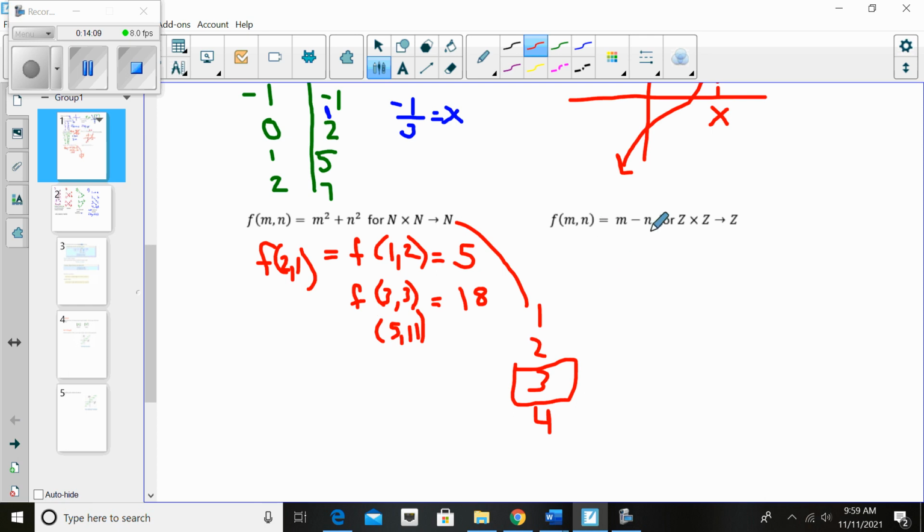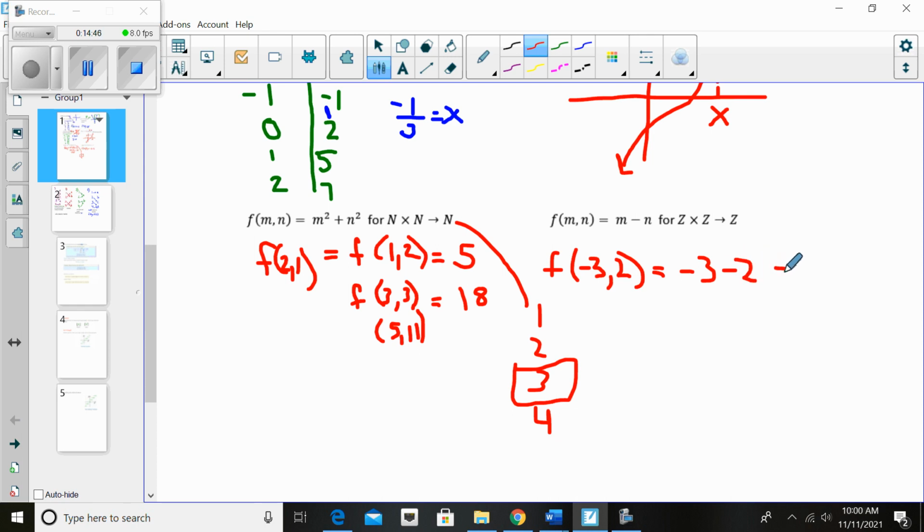Okay, this one's similar. So plug in here, but this time we've got Z cross Z, so that just means we're including negative numbers as possible values in our ordered pairs. If we try a few, what would this be? And again, is it 1-to-1? I just got -5.